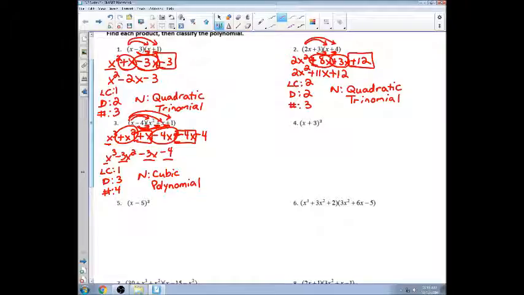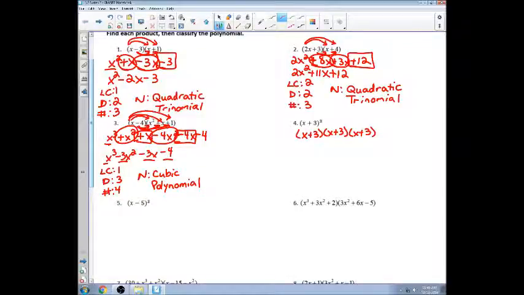On to problem number 4. X plus 3 cubed is the same thing as x plus 3 times x plus 3 times x plus 3. We're going to treat this exactly the same way as what we have done in every other problem. So everything that's inside each one of these parentheses must be multiplied by everything in every other set of parentheses.